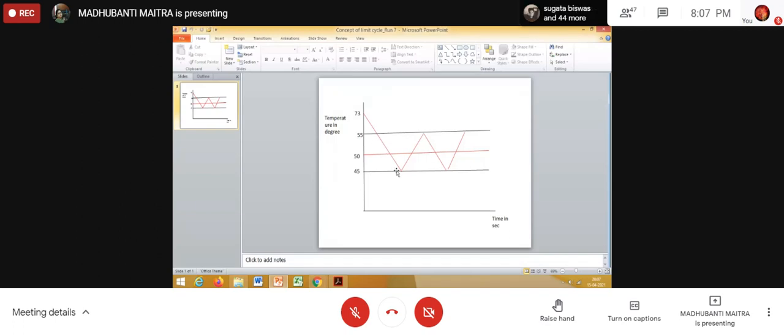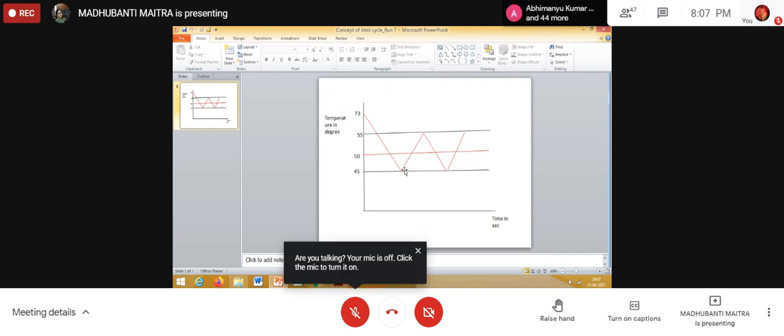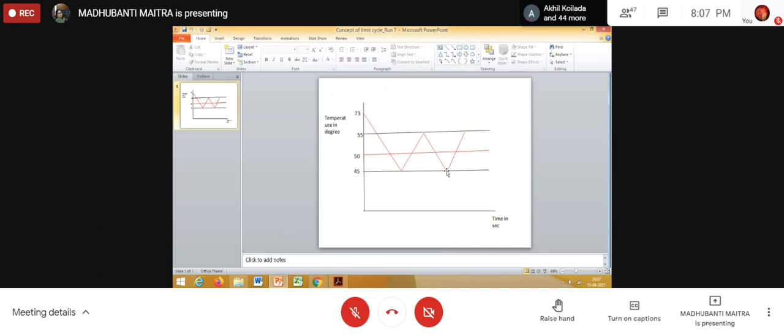So you see the output of the plant will be bounded between these two values, 55 and 45. Ideally the output of the plant cannot go beyond this value, as well as cannot decrease beyond this value. So the output is constrained or bounded within these two values around the reference temperature.